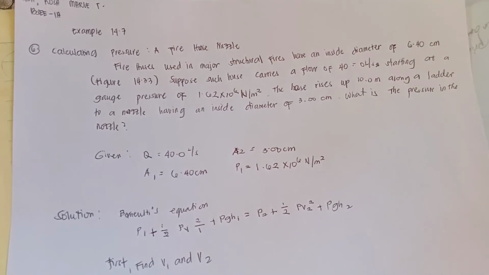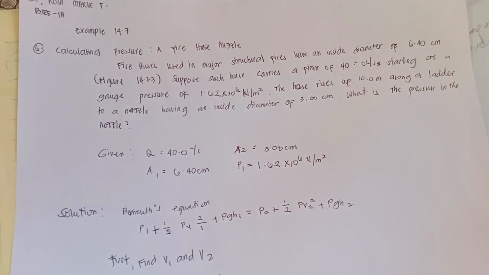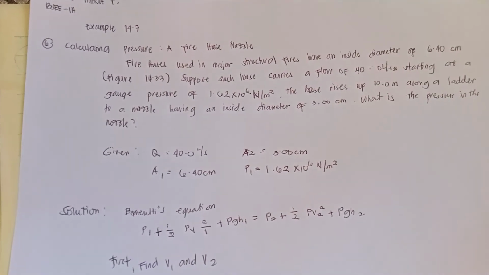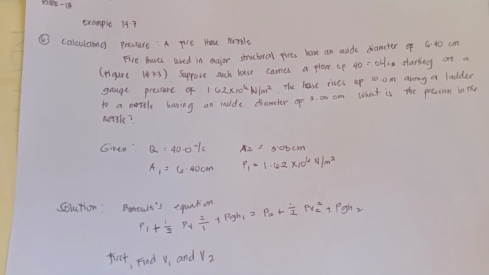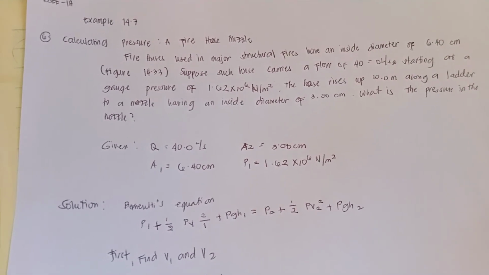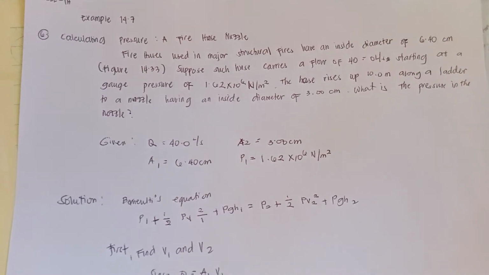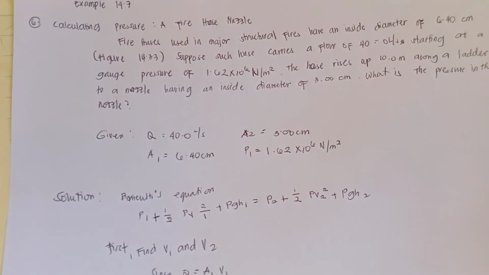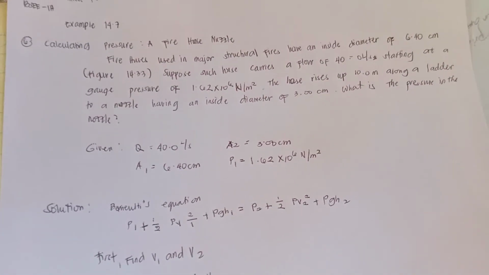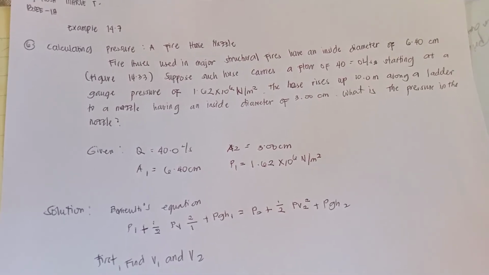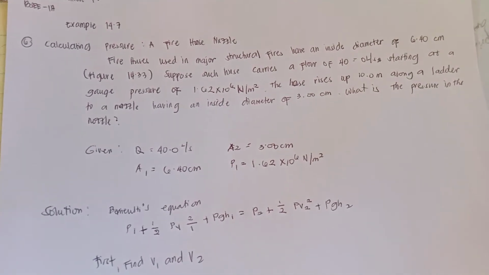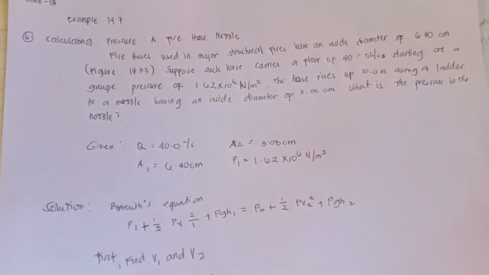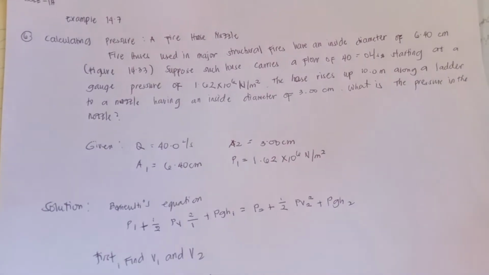Suppose such a hose carries a flow of 40.0 L over S, starting at a gauge pressure of 1.62 times 10 to the 6 Newton per meter squared. The hose rises up 10.0 meter along a ladder to a nozzle having an inside diameter of 3.00 centimeter. What is the pressure in the nozzle?